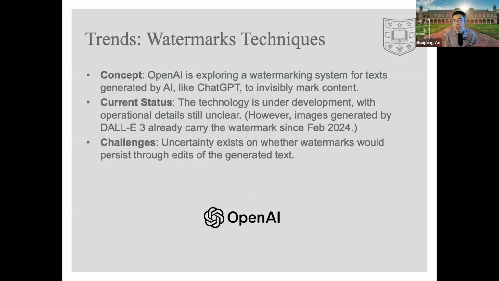The watermark technology is probably harder for text because it is uncertain and probably difficult to still carry the watermark when the text is under substantive editing. But for images, because of the vast number of pixels and the minor tweaks of the pixel values, it's potentially easier to carry the watermark even after you edit the image to some extent.